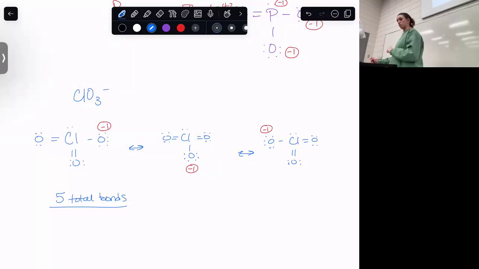There's 3, because we drew 3 different structures. So what's the characteristic of the actual bond length for our ClO bonds in ClO3? 5 divided by 3, so we have 1.67.